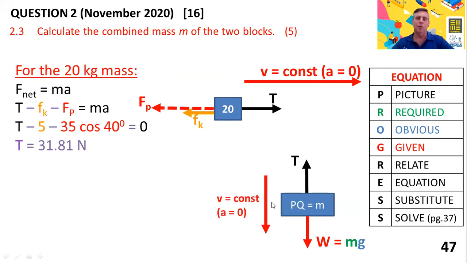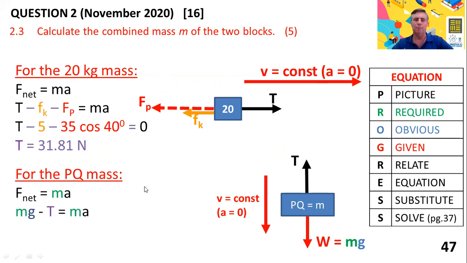So for the block PQ, it's also moving down at constant velocity. Because these two are tied by a string, it also has zero acceleration. And this tension here is the same as this tension, but we're just looking at either ends of the same string. So for the PQ mass, we can say again, Newton's second law, F net equals ma, and m is that unknown mass which we are trying to calculate.